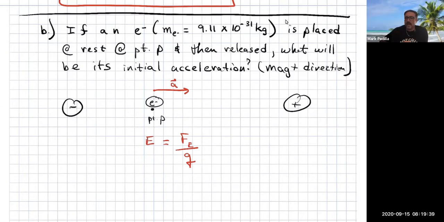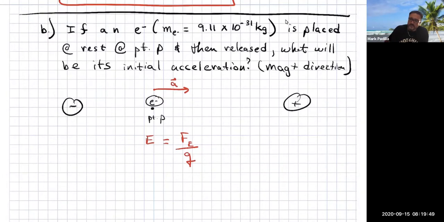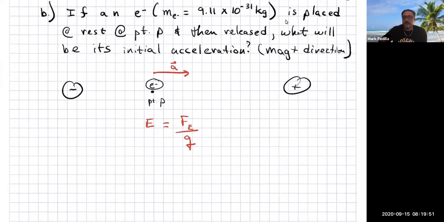So we already know Q, we have everything we need. All we need to do is solve for the actual acceleration here. But how does that fit into this equation?